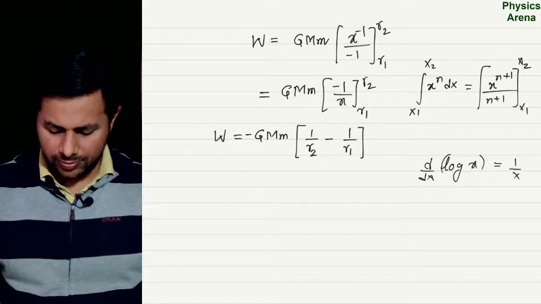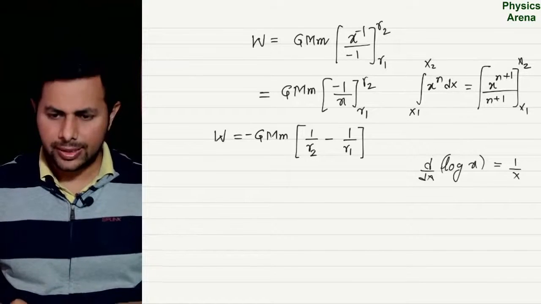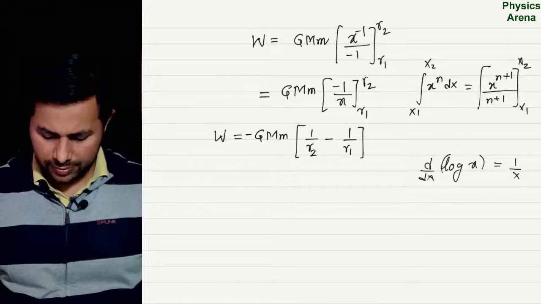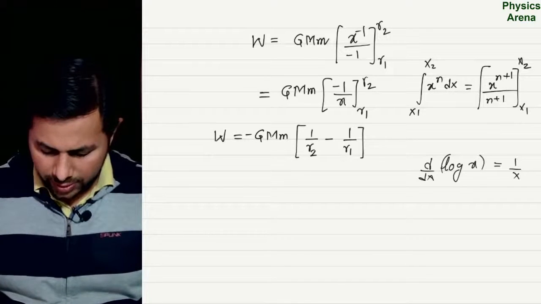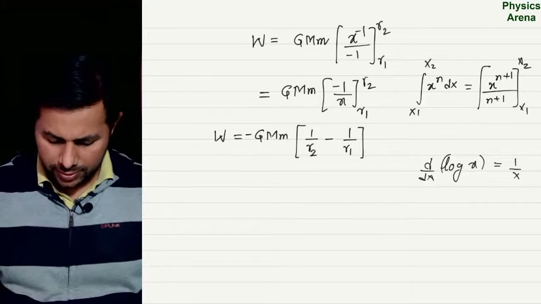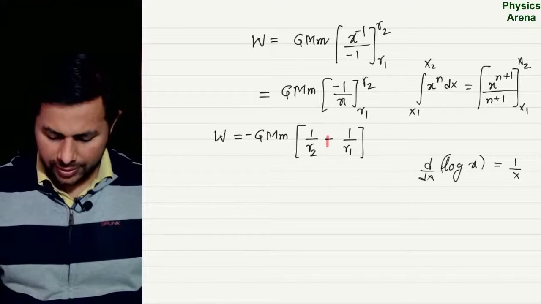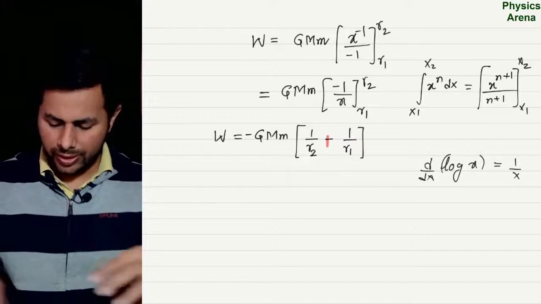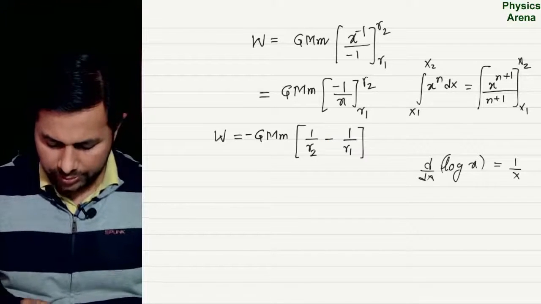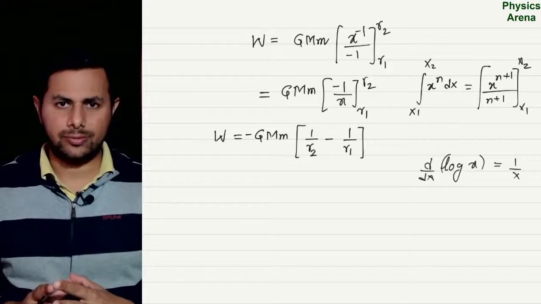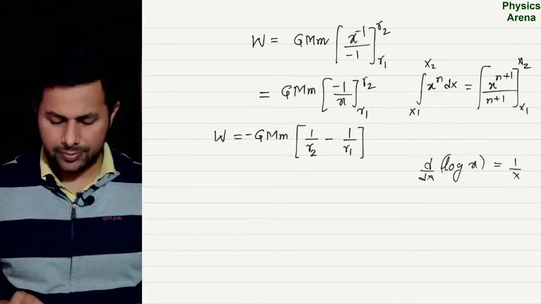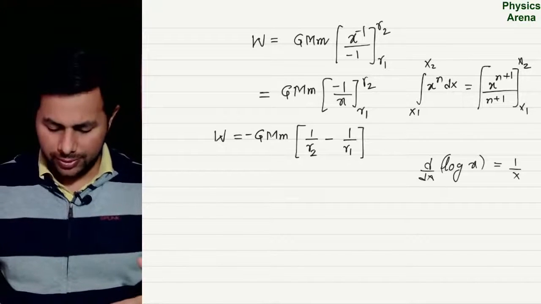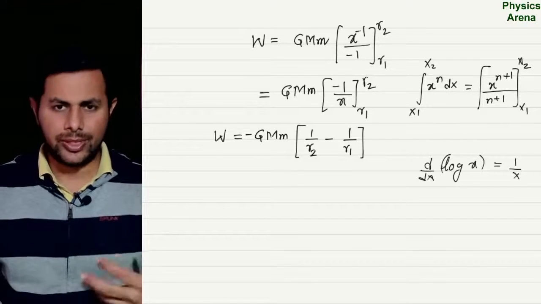So 1 by R2 minus 1 by R1. That's correct, inside those brackets. Whatever integral you have, you have to substitute the upper limit and lower limit in that integral. So if you substitute the upper limit, it's 1 by R2, and for the lower limit, you will get 1 by R1.